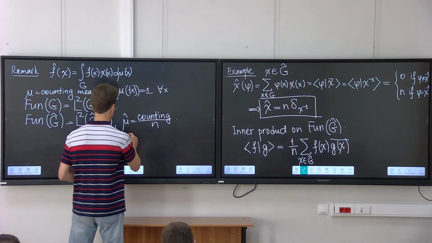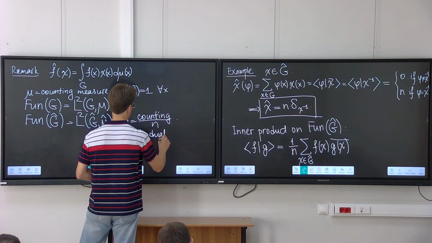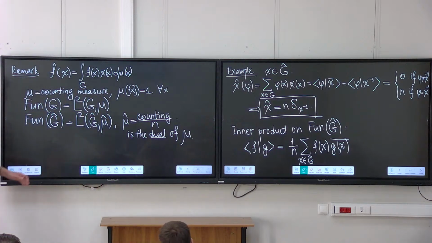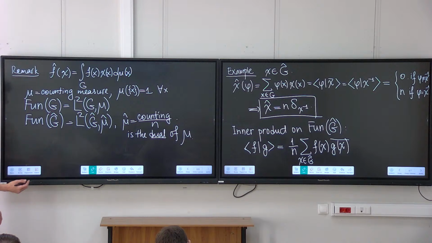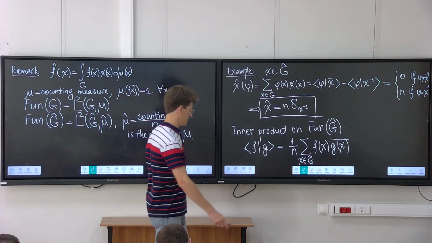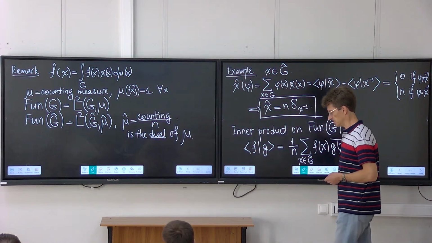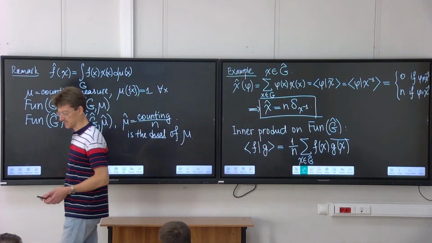And this measure is called the dual measure of mu. So if we equip G hat with this measure, the counting measure divided by n, then we see that the respective L2 spaces are unitarily isomorphic, and the isomorphism is the Fourier transform.